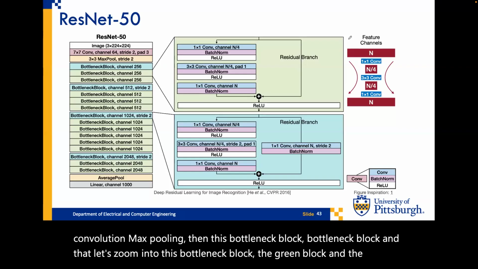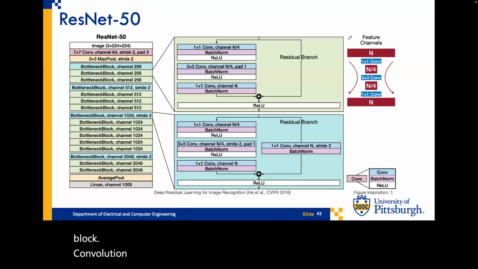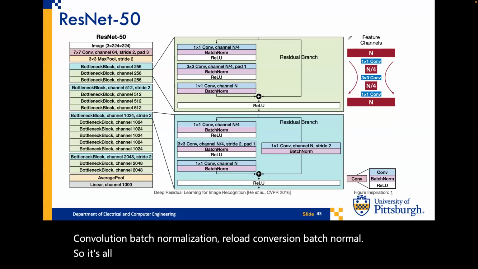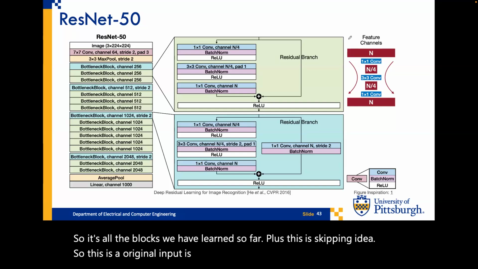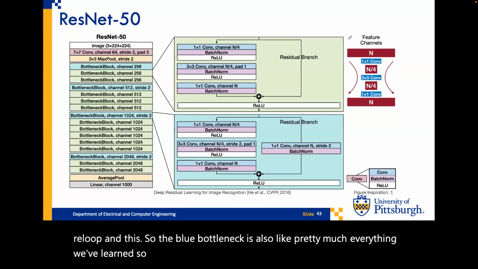Inside the green block, there is convolution, batch normalization, ReLU, convolution, batch normalization. So it's all the blocks we have learned so far, plus this skipping idea. The original input is going to be combined with this, go through the ReLU. The blue bottleneck is also pretty much everything we've learned so far.